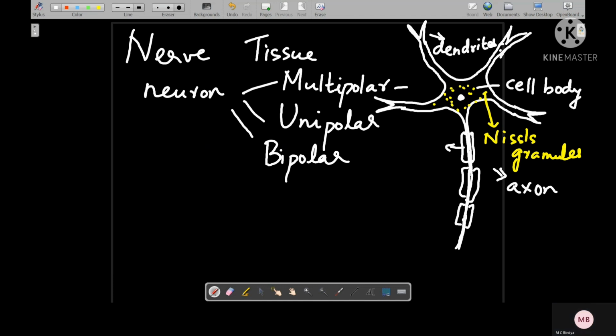So these are called Schwann cells. And then the axon will end up in a nerve terminal, which can form knobs. So we can call them nerve endings.